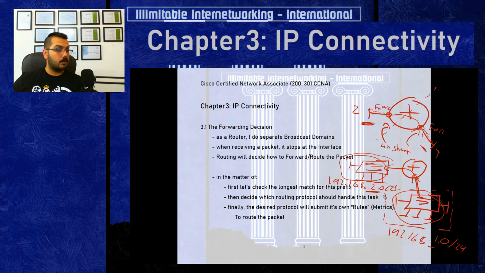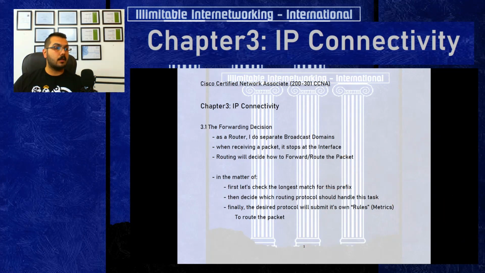They cannot communicate at all, but having a router will make this subnet be able to talk to this one. Okay, so this is the concept of routing, that it can connect two different subnets, two different prefixes, two different networks together.